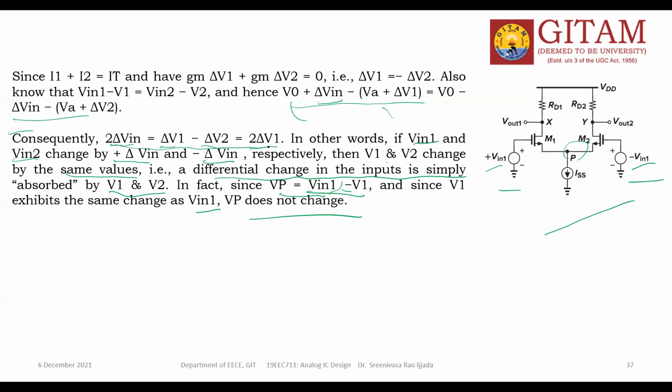If you take this one, why you got two times delta V1? Again, I assume that V1 and V2 both are the same. That's why this condition is true. Vp does not change.